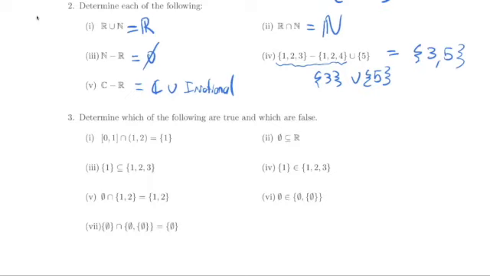Okay, so to ratchet up the difficulty a little bit, let's think about working with more continuous sets of values. When we use this notation, it means all of the values between 0 and 1, including them.